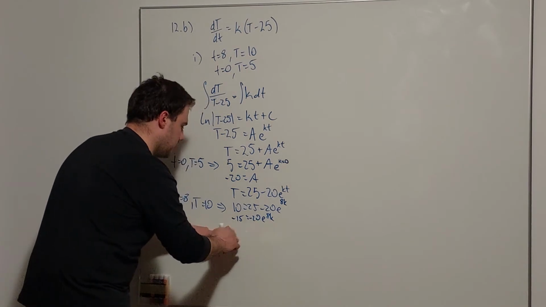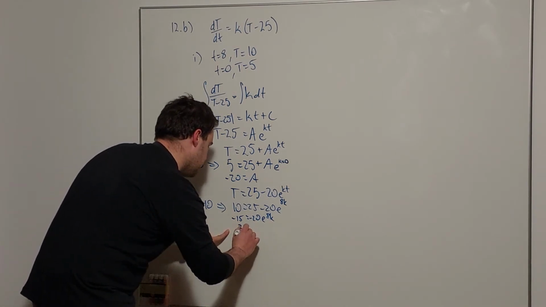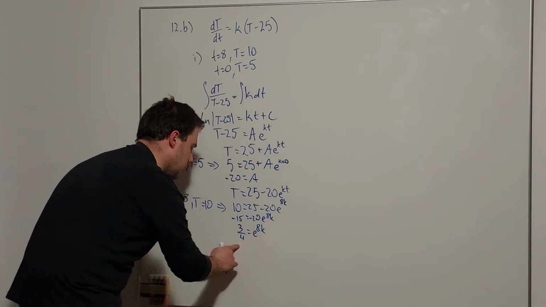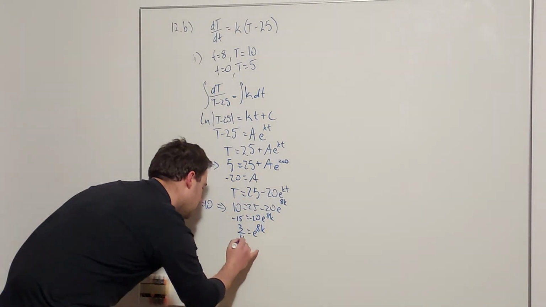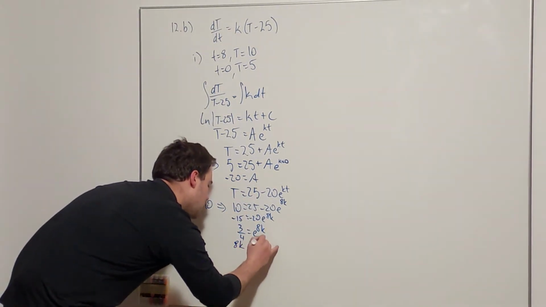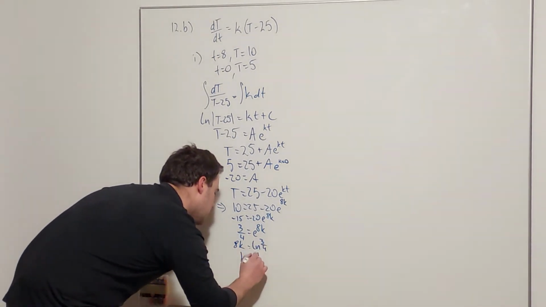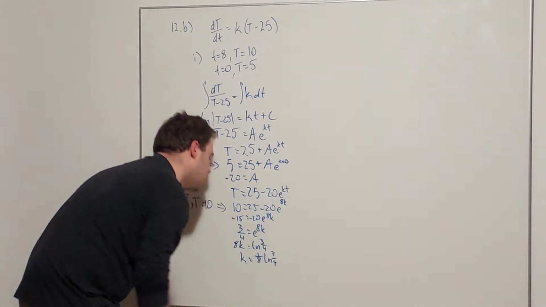If we divide both sides by negative 20, we're going to get 3 on 4. If we take natural log of both sides, and k is going to be exactly 1/8 of natural log of 3 on 4.